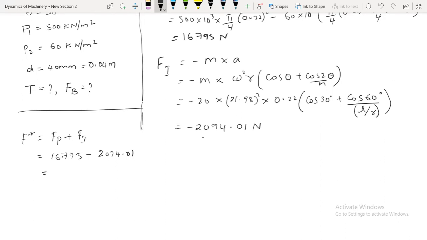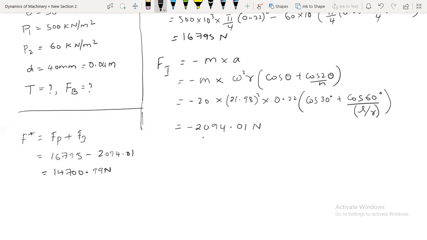After subtracting these two, the piston effort will be 14700.99 newtons. That is the piston effort.